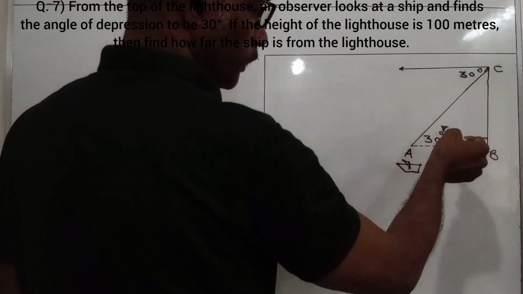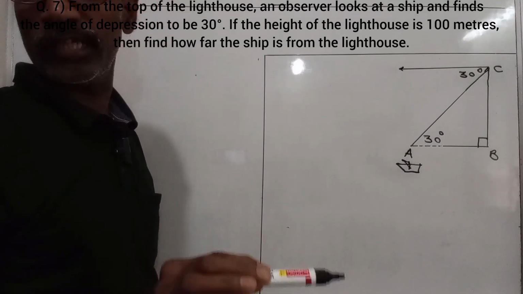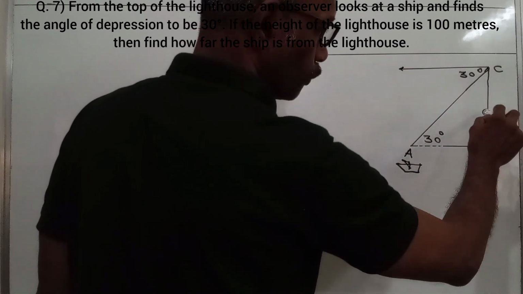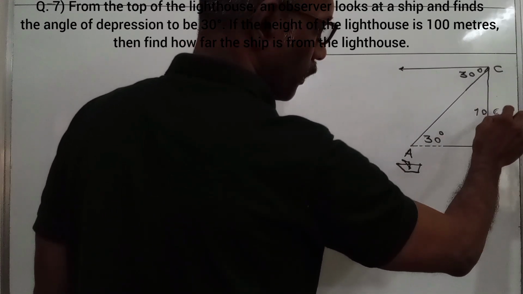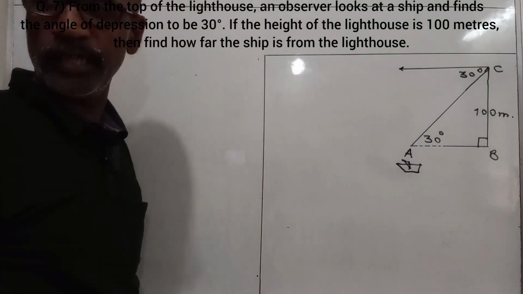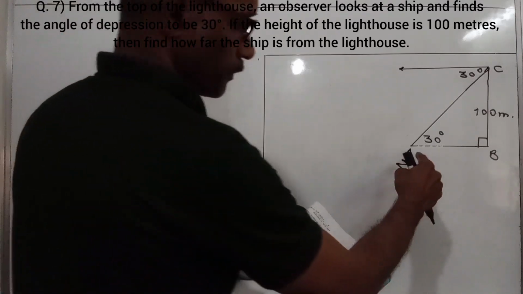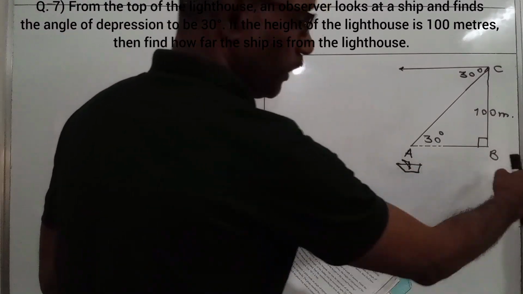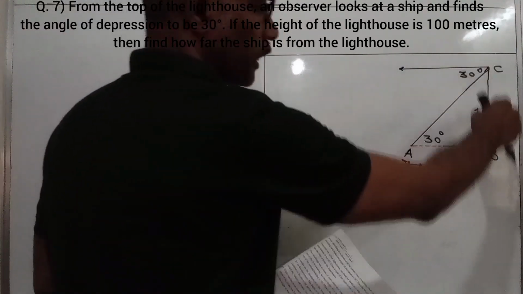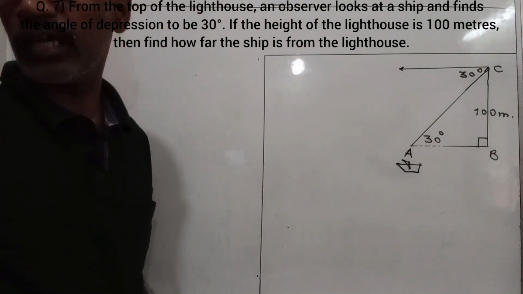So this is 30 degrees, therefore angle CAB is also 30 degrees. We are given the height of the lighthouse as 100 meters. Then find the distance AB, meaning how far the ship is from the lighthouse.